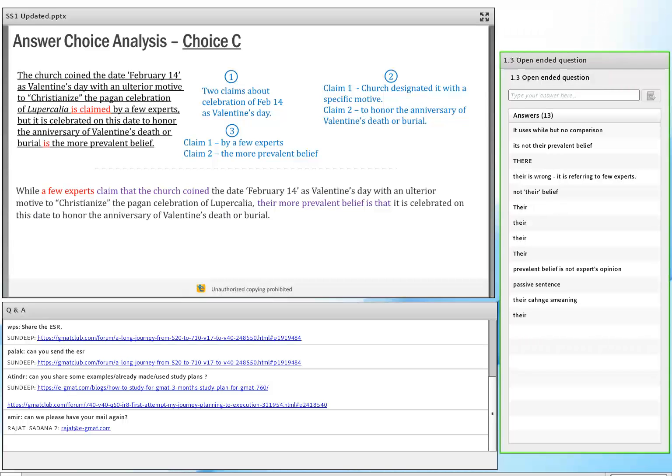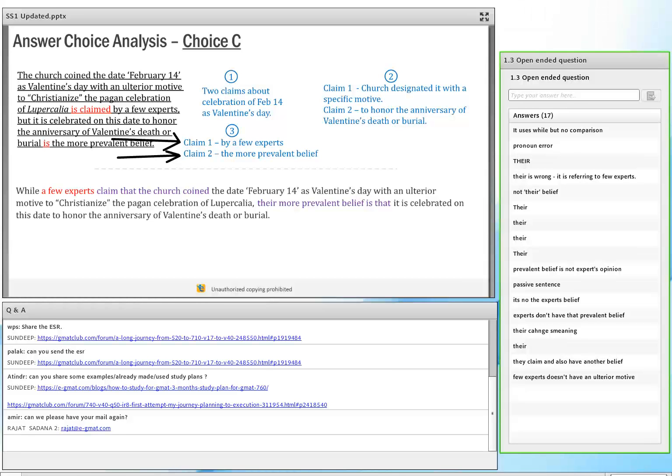Now remember, in the original meaning, claim 1 was by a few experts. Claim 2 was by a second group of experts. So there were two different groups in the original meaning. That's what the author wanted to communicate.